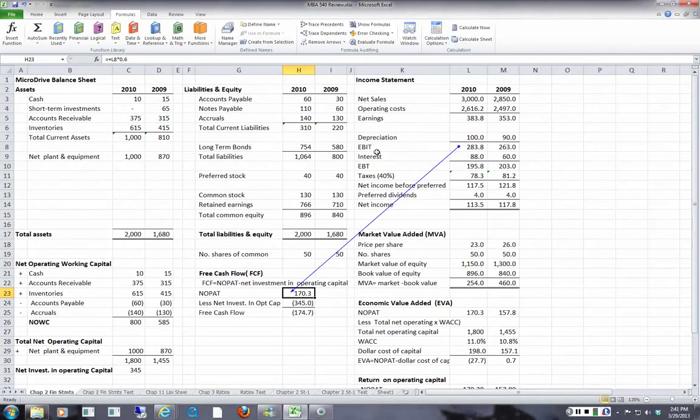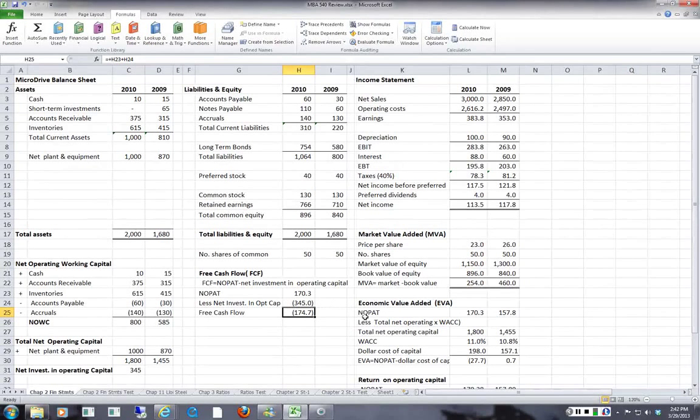Taxes is 40%, so we take the reciprocal of that and multiply by 0.6, which comes down to 170.3. That's net operating profit after taxes, NOPAT. And from that, we deduct this $345 increase. It's really thousands, so I guess I better say thousands. We're going to deduct $345,000 from that. So we come up with a negative free cash flow of $174.7.